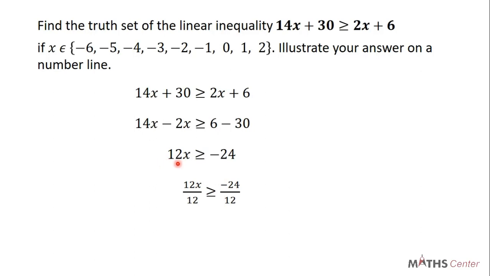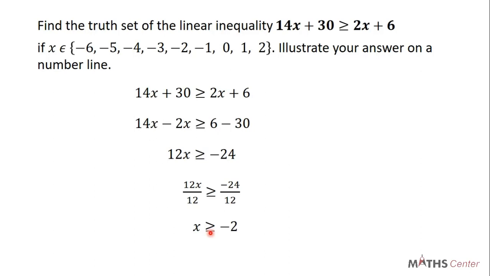Because we are dividing through by a positive number, the direction of the inequality will not change. 12 will cancel 12, so you have x here. Minus 24 divided by 12 will give us minus 2. So we've solved the inequality, and we got x is greater than or equal to minus 2.